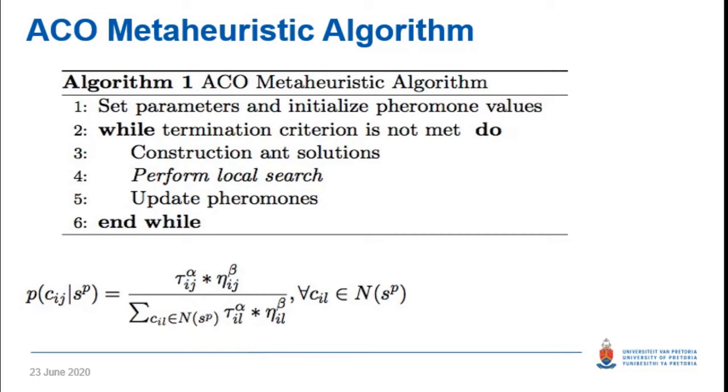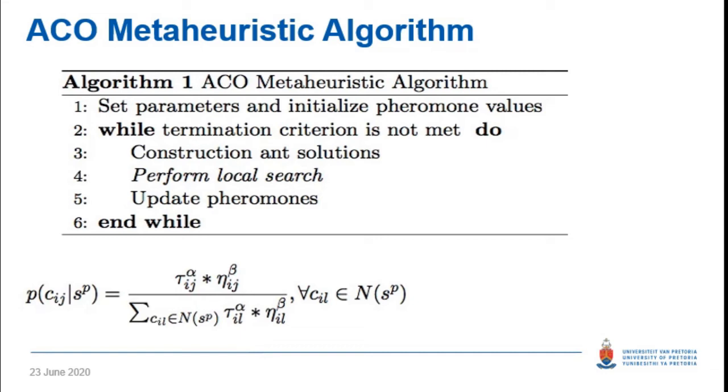If you look at the numerator, there are two values. The tau_ij represents your pheromone value, and the second value represents your heuristic value. Alpha and beta are parameters that you can set; different values work well for different problem domains.